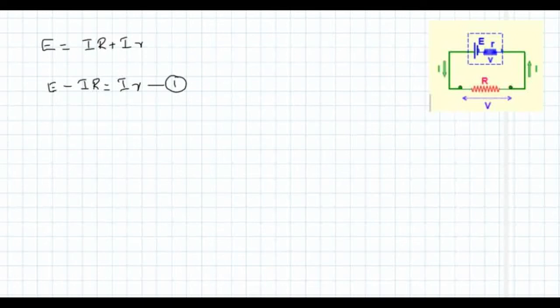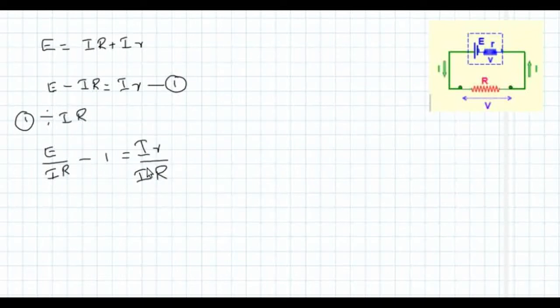Let this be equation 1. Then we divide equation 1 by IR, where this R is the external resistance. Therefore E divided by IR minus IR by IR, which is 1, so E by IR minus 1 is equal to Ir by IR. So these two I's will cancel each other.